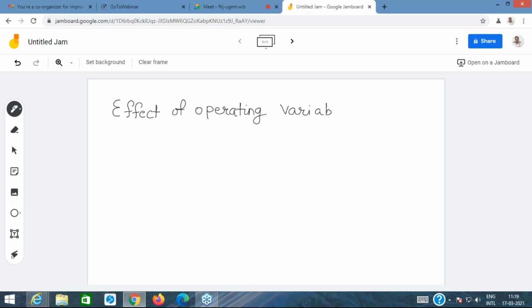Why is it important? It is because this understanding, it is basically a thermodynamic discussion, but this understanding of effect of operating variables goes into the practical kind of interventions.